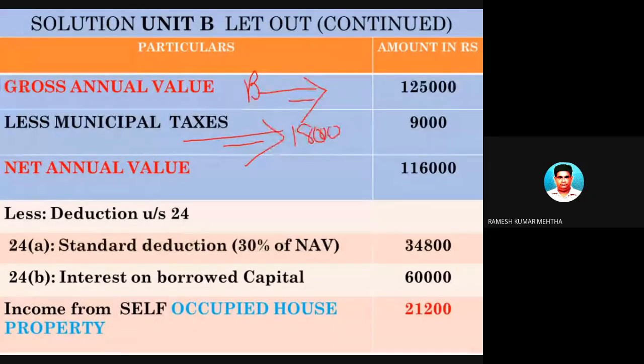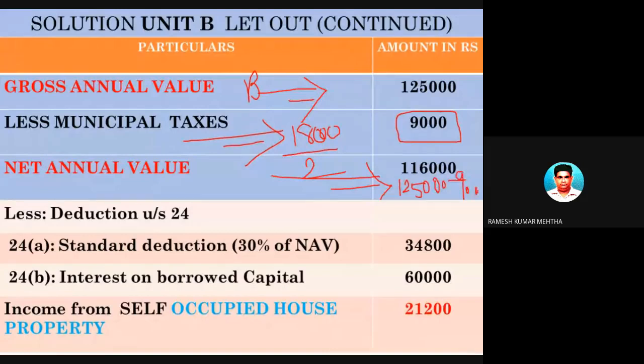But as far as unit B is concerned, it is 9,000 rupees, which will be allowed as deduction. Now, 1,25,000, the gross annual value, minus municipal taxes of 9,000 rupees gives a net annual value of 1,16,000 rupees.